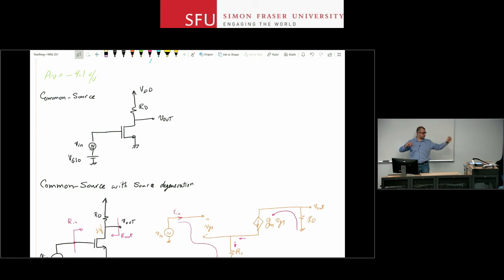In this circuit, it's only the MOSFET that is connecting the output to the input. If I put a resistor between the gate and drain here, your input can leak to the output through that resistor, or your output can go back as feedback to the input, right? So this is not your basic circuit anymore. If you see a circuit like that, you have to draw the small signal model and then solve it using the small signal model.